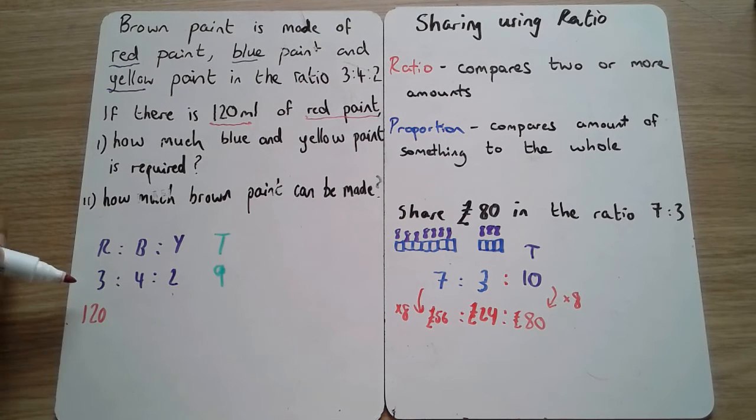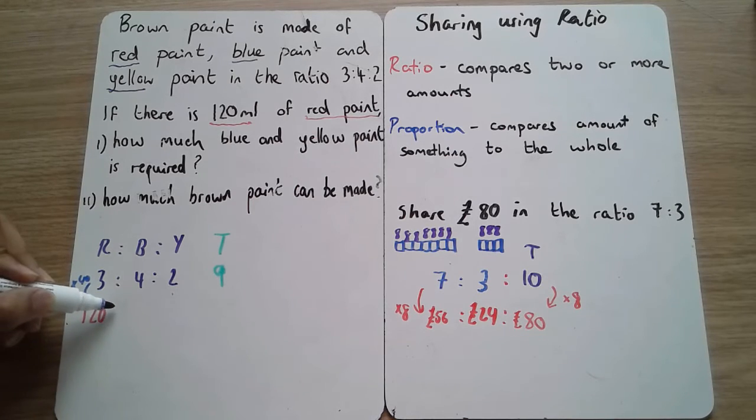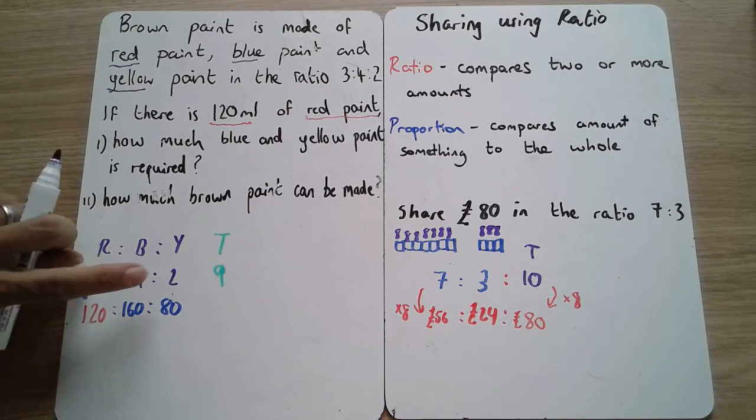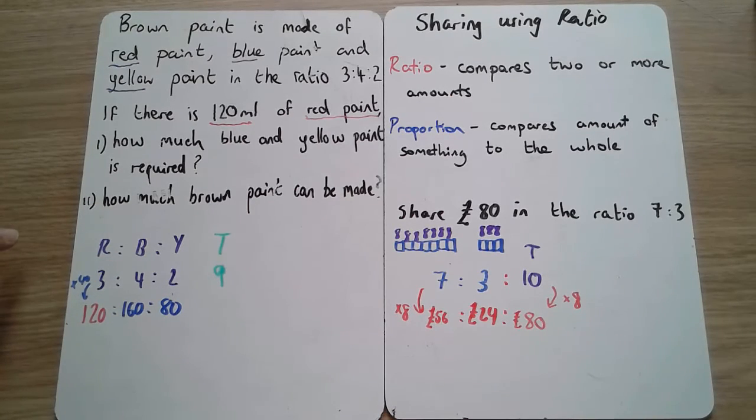We need to look at our ratio. To get from 3 to 120, I need to multiply all my values by 40. So I have to times these values by 40. That gives me 160 and 80. Now, the next part of the question asks how much brown paint can be made.